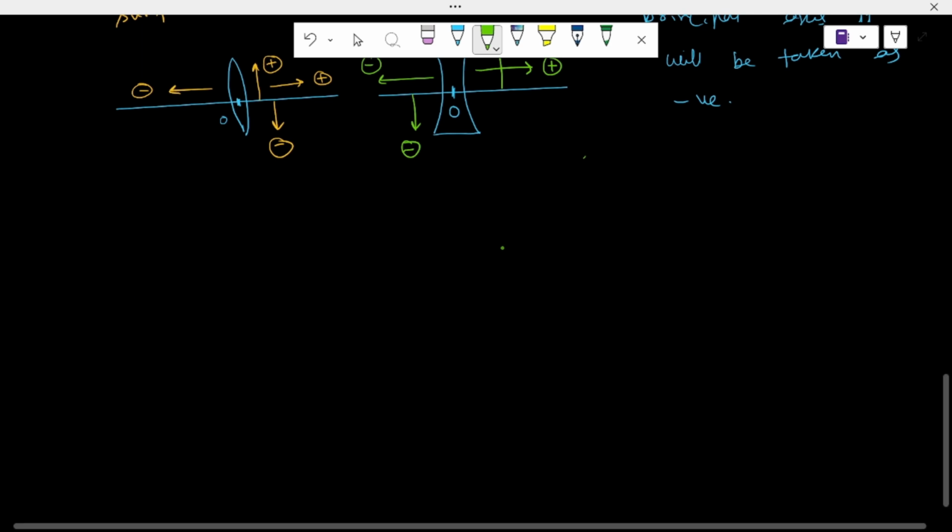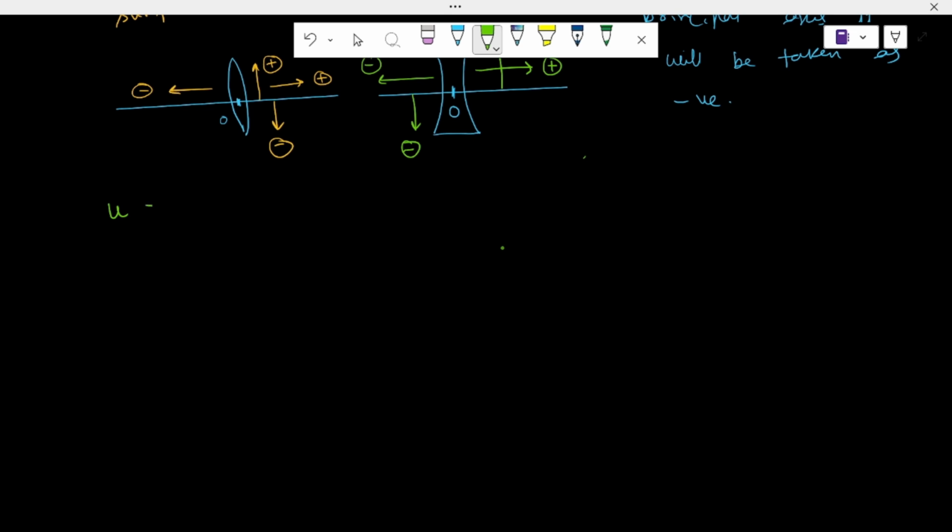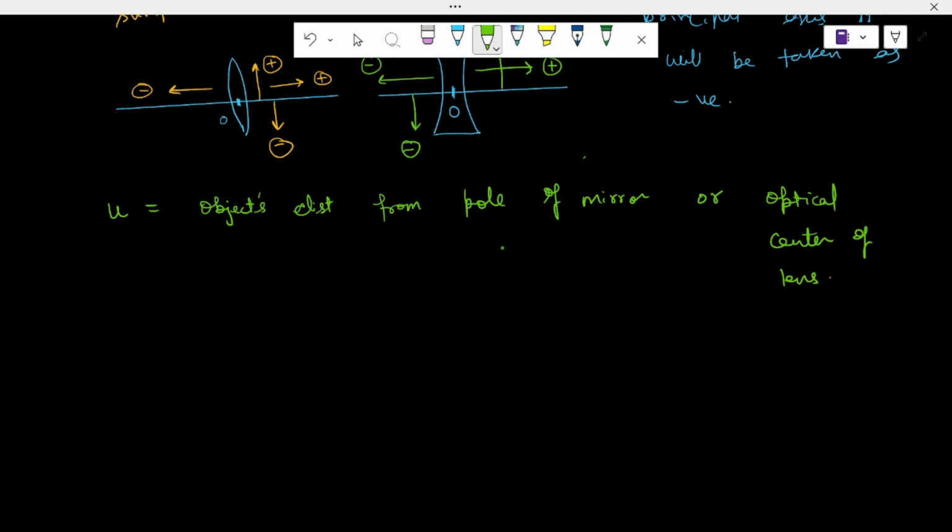Right? And then some nomenclature also you should know. U means it is the object's distance from the pole of mirror or optical center of lens.